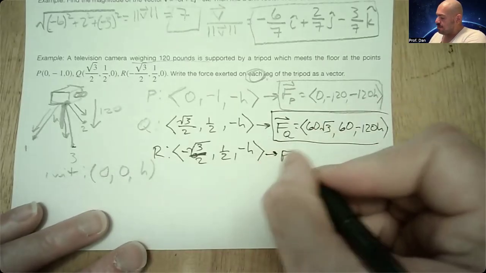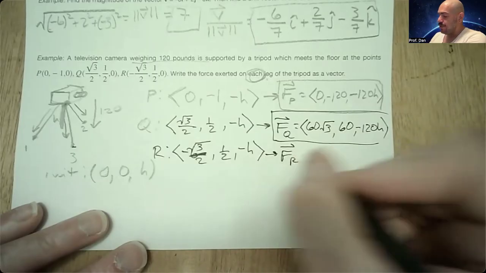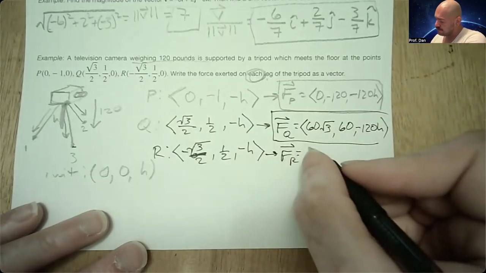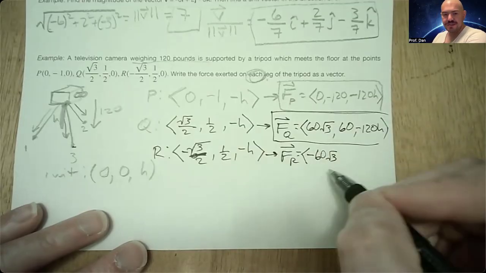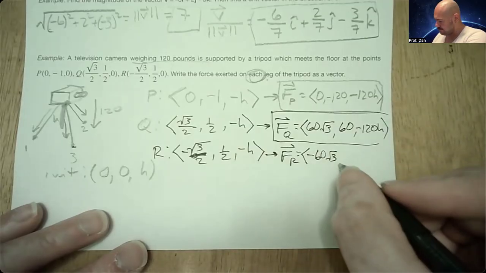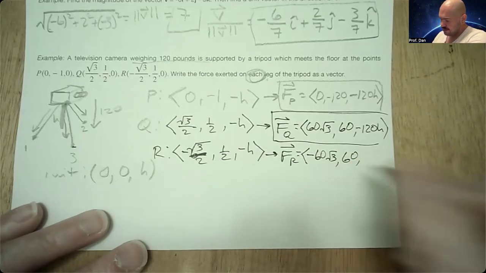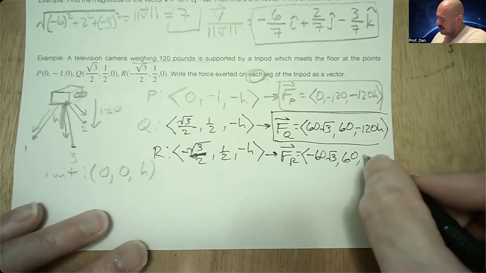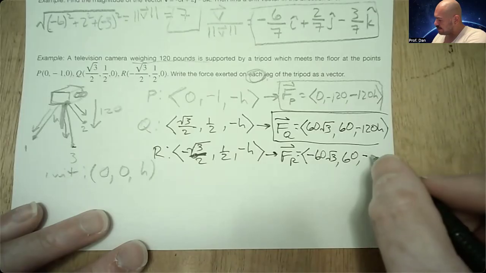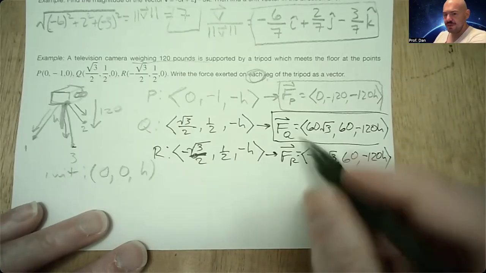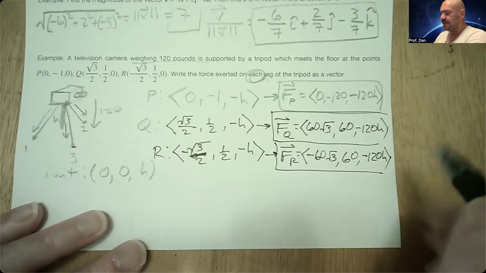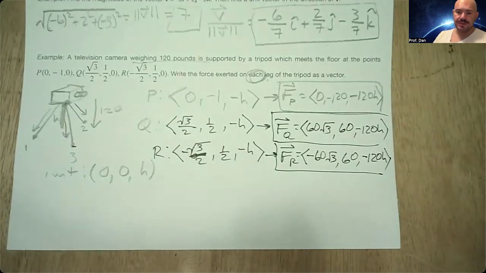If I multiply that by the magnitude of the force, I get negative 60 root 3 as the x component, 60 as the y component, and negative 120h as the z component. And that is the force exerted on leg R.